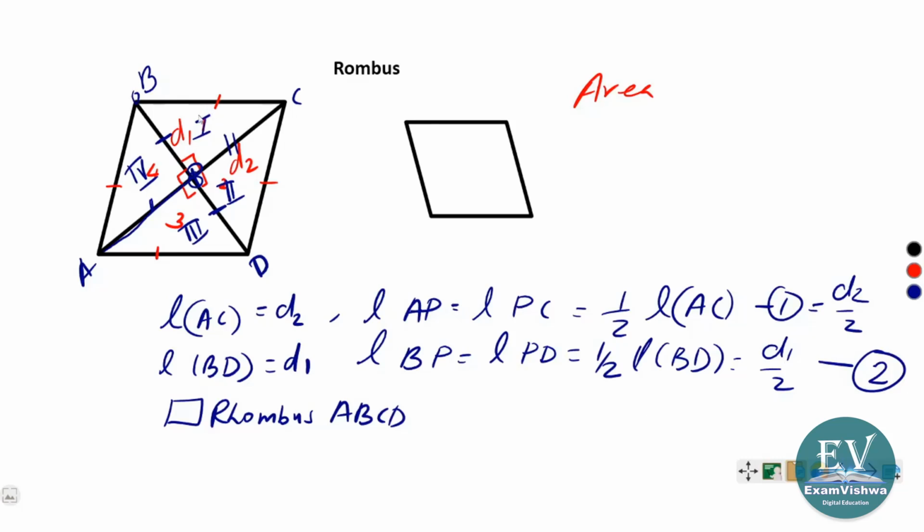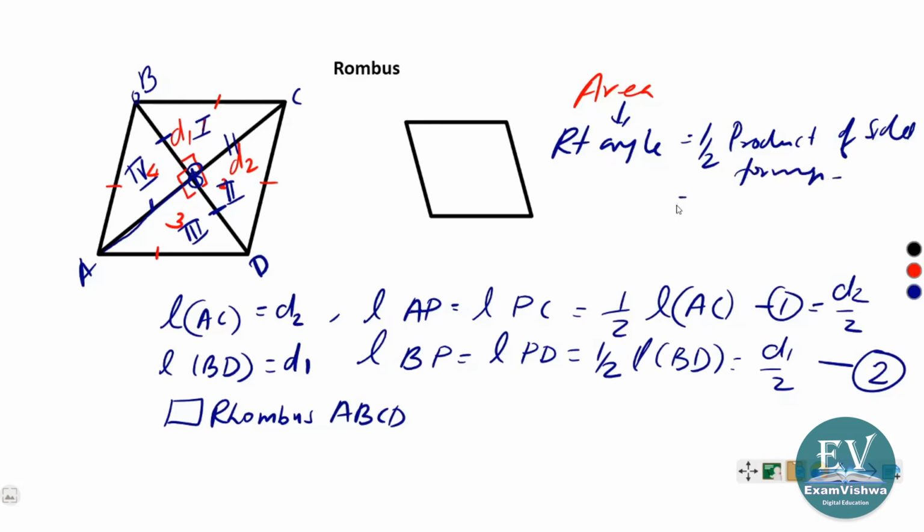Now we can see 4 triangles. In those 4 triangles, the area of a right angled triangle is equal to half into the product of the sides forming the right angle. Correct? So here, in every triangle you have d2 upon 2 as one side and d1 upon 2 as the other side.